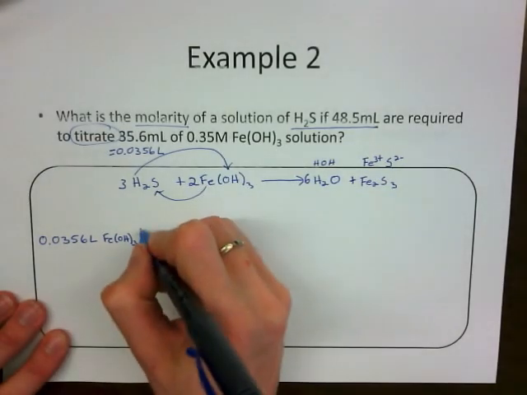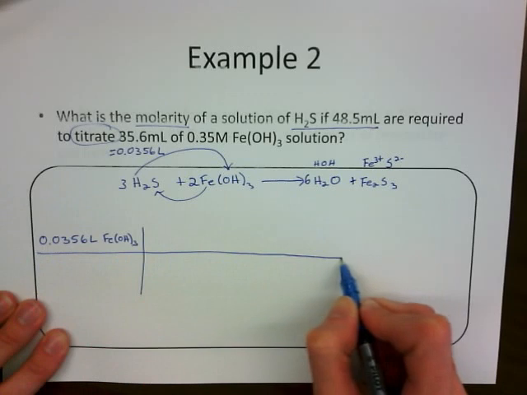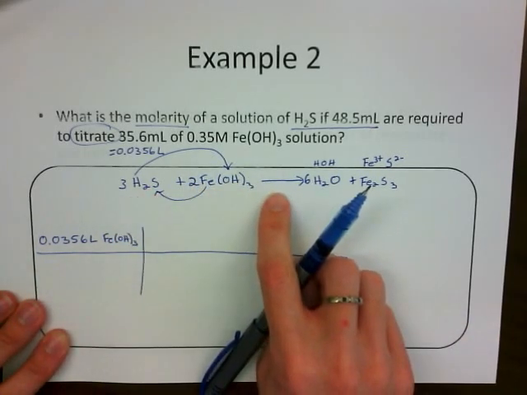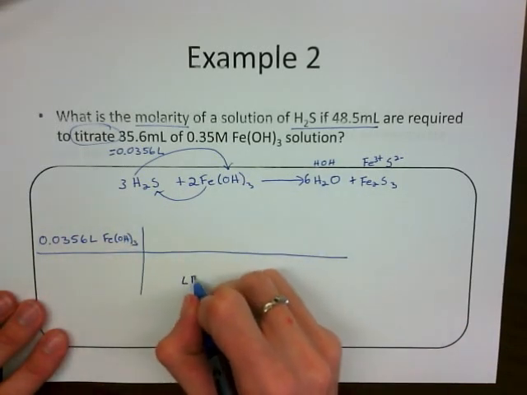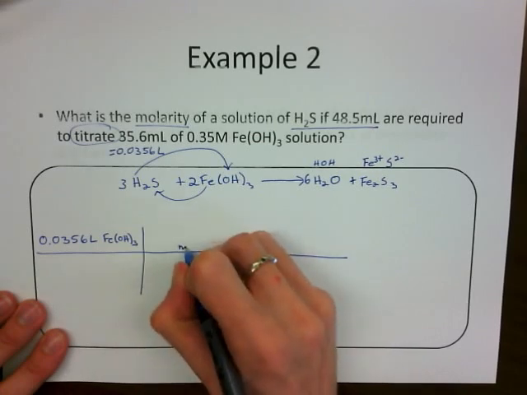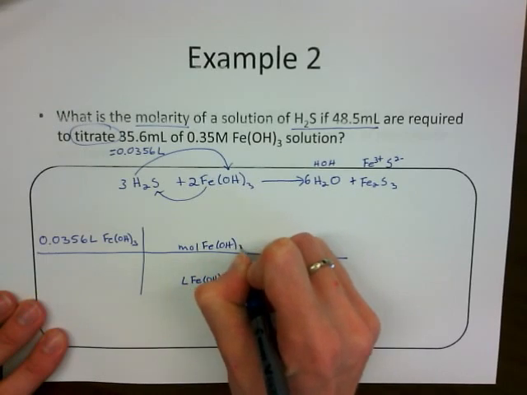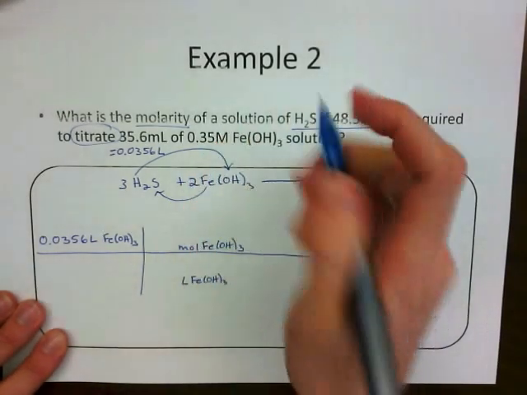Alright, now, again, I have liters. Just as before, to be able to use my balanced equation, I need to have a number in moles. So I have liters, I want moles. Moles per liter you should recognize as molarity.